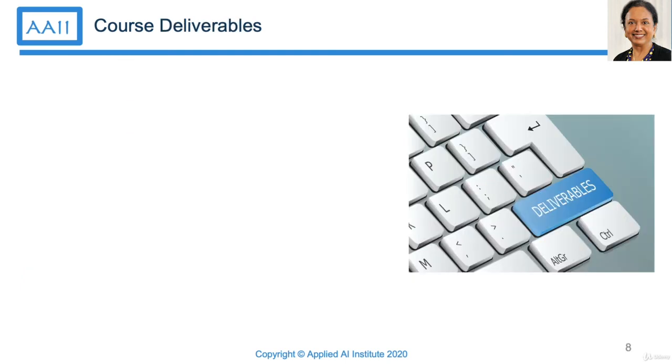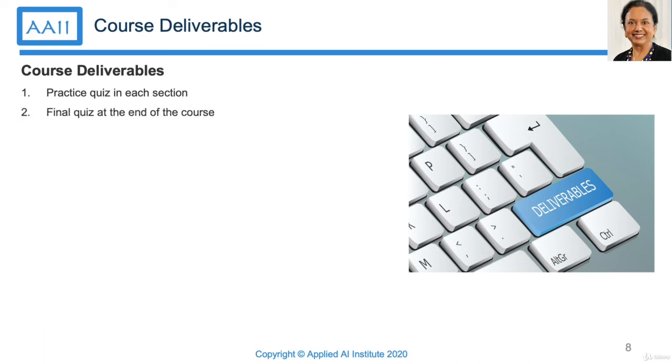Course deliverables. There are 4 course deliverables. First, each section has a question or quiz to give you practice on key concepts. Please use these quizzes to practice your understanding of concept covered in the respective section. There will be a final quiz at the end of the course.